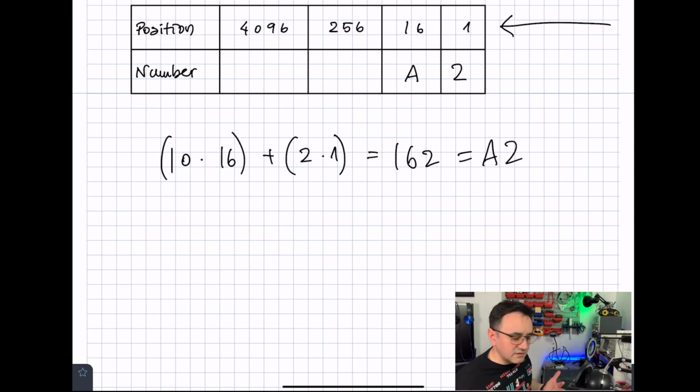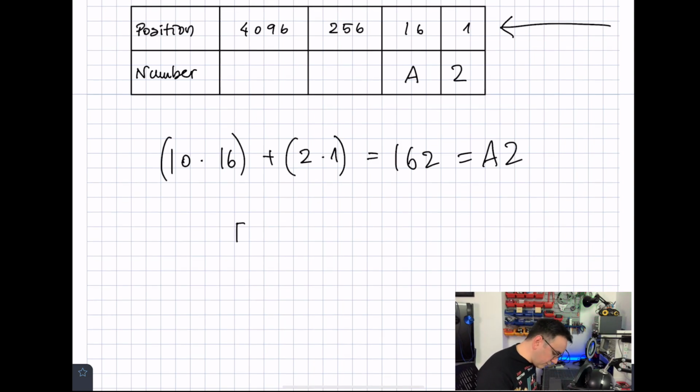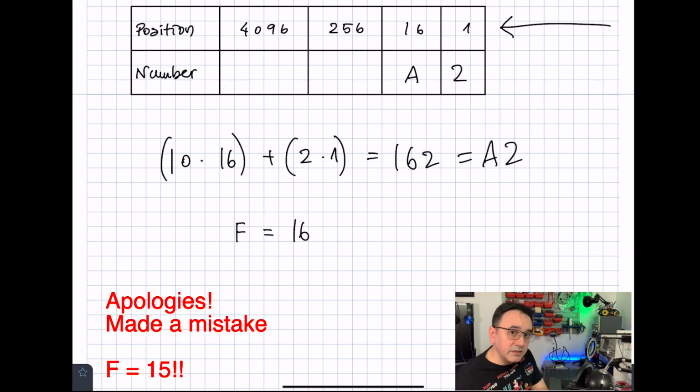For example, in hexadecimal, the number F is equal to 16. But in binary, 16 is 1, 1, 1, and 1. So you see that F is basically all ones turned on. Well, that's 4 bits because there are 4 ones, right?